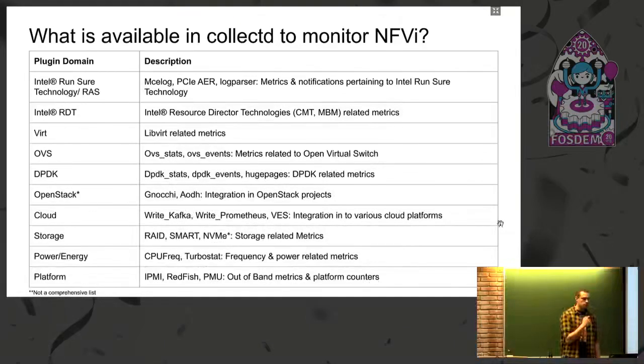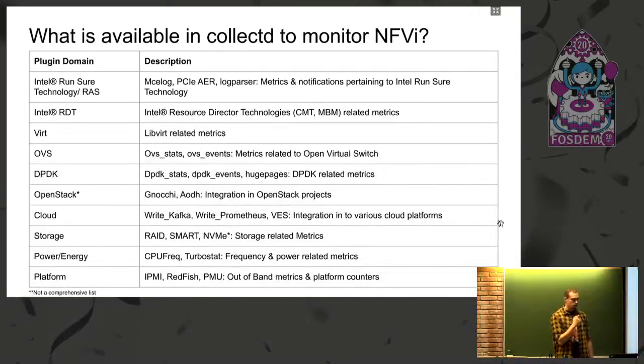You can monitor the health of the storage or power consumption, something closer to the platform in case you are, for example, selling the resources of the cloud to someone. You may be interested in out-of-band telemetry, which is provided via Redfish or IPMI.